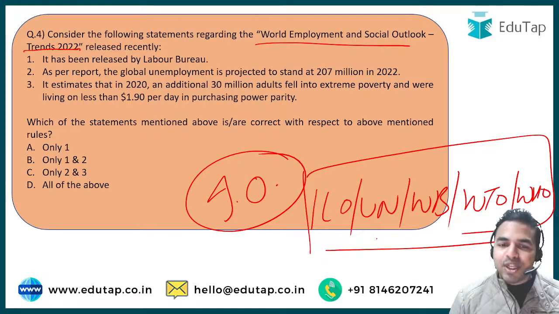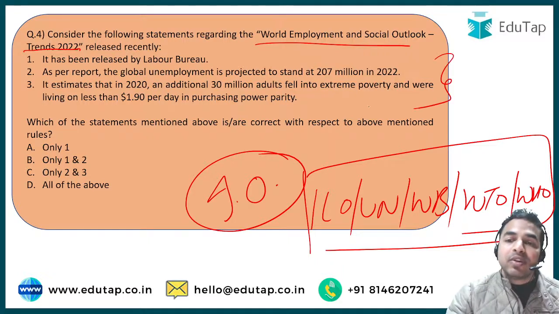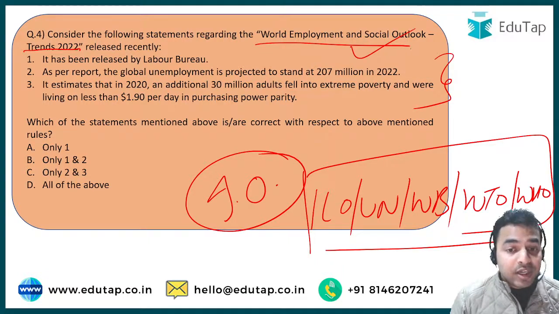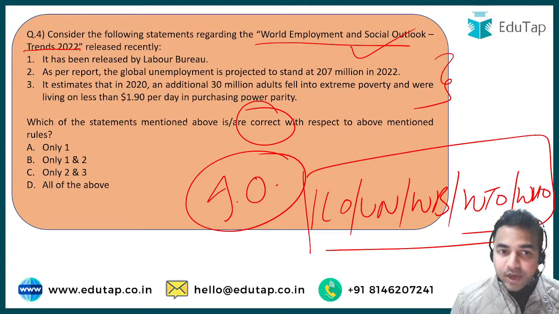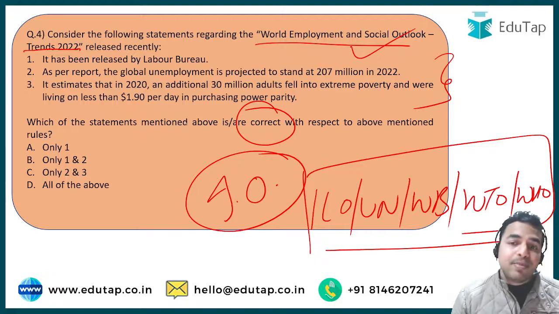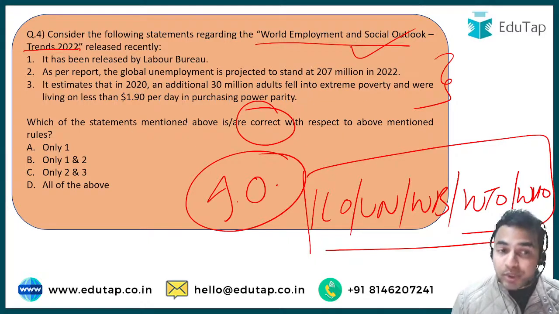And here in this question, once again you are required to analyze these statements in relation to this report and identify the correct statement with respect to the above mentioned report. Okay, so here you are required to tell me what exactly is the right answer in the comment section below. The very first statement says that the World Employment and Social Outlook Trends 2022 has been released by the Labor Bureau.